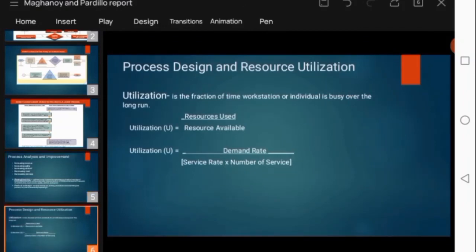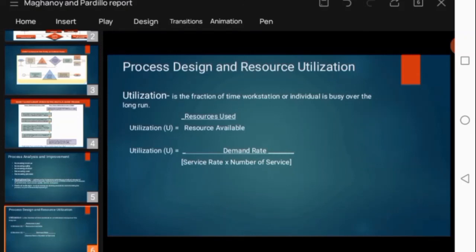Process design and resource utilization. Utilization is the fraction of time a work station or individual is busy over the long run. Utilization is defined as the amount of an employee's available time that is used for productive, valuable work, expressed as a percentage.